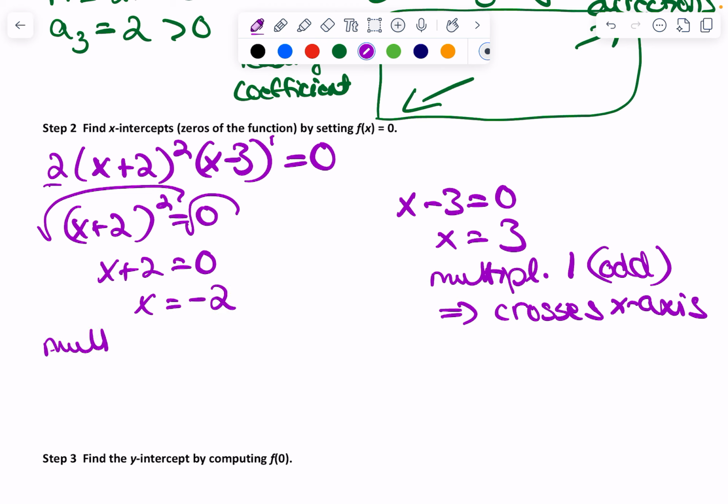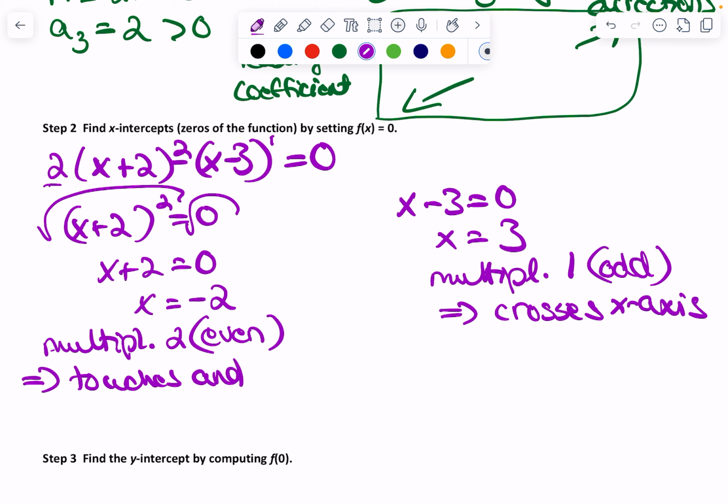Our multiplicity for this one is 2, which is even. So that means that it touches and turns around at negative 2, 0. And this other one is 3, 0.